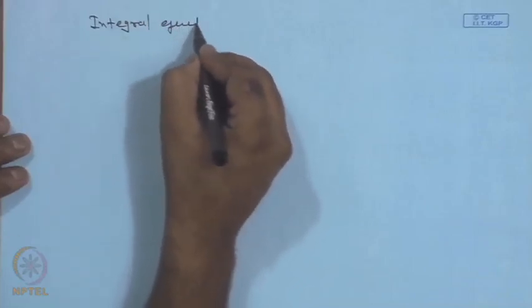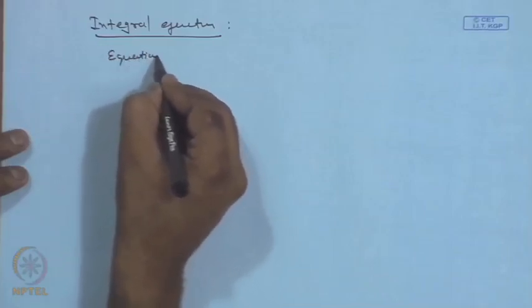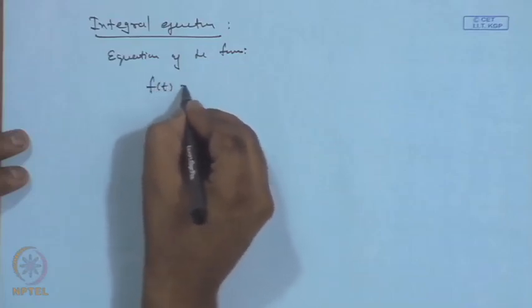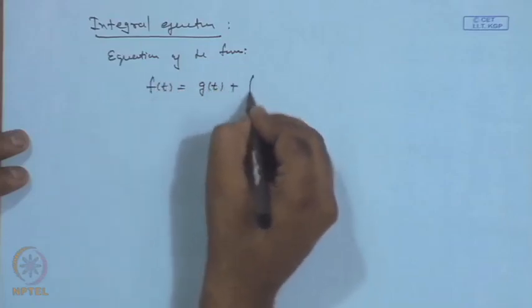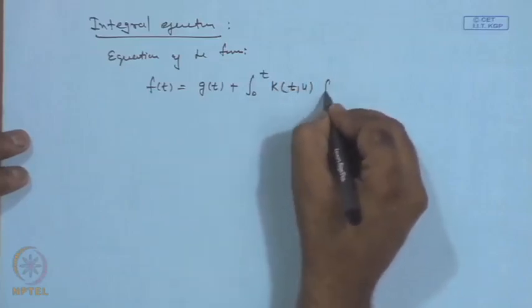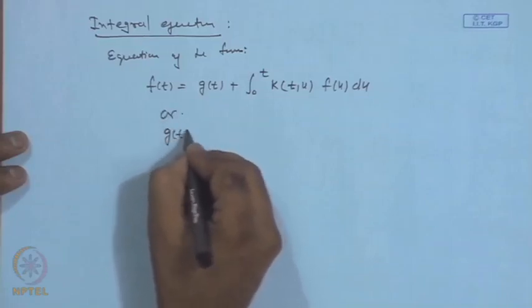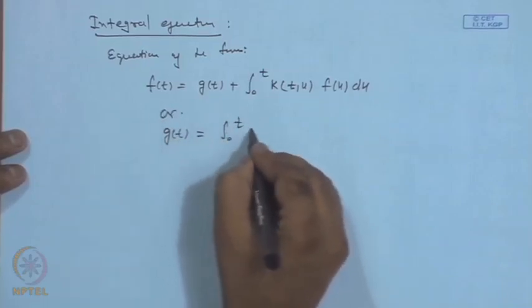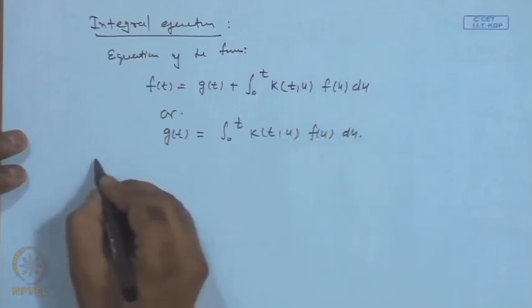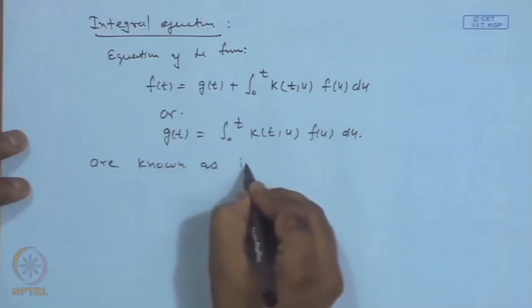So, an equation of the form f(t) is equal to g(t) plus integral from 0 to t of k(t,u) f(u) du, or we can have other forms. So, k(t) is just equal to this integral of k(t,u) f(u) du. These equations are known as integral equations.